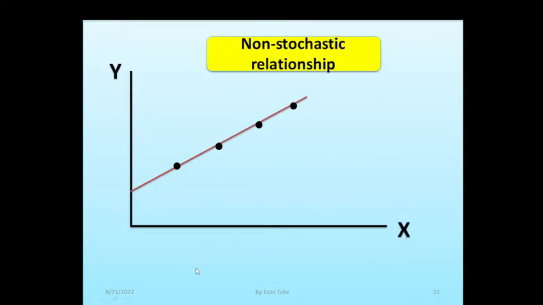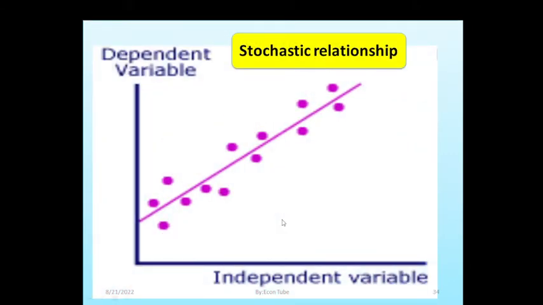In the non-stochastic relationship, if x has this value, exactly y is this one. For x this much, y is this much. So all observations lie on one line according to a non-stochastic relationship. But for a stochastic relationship, the observations may fall off the line.